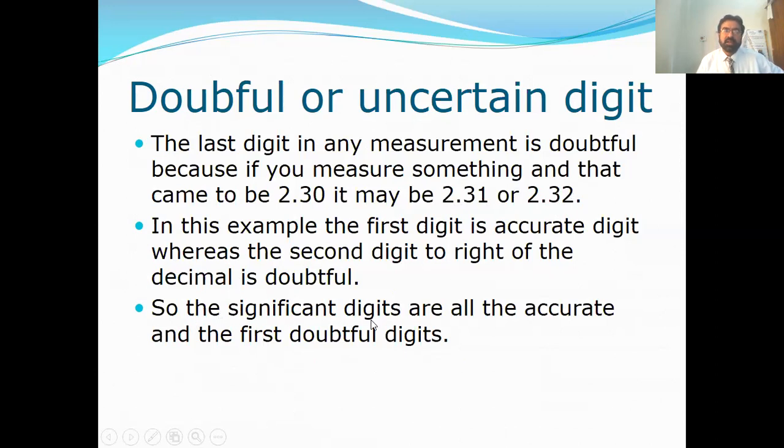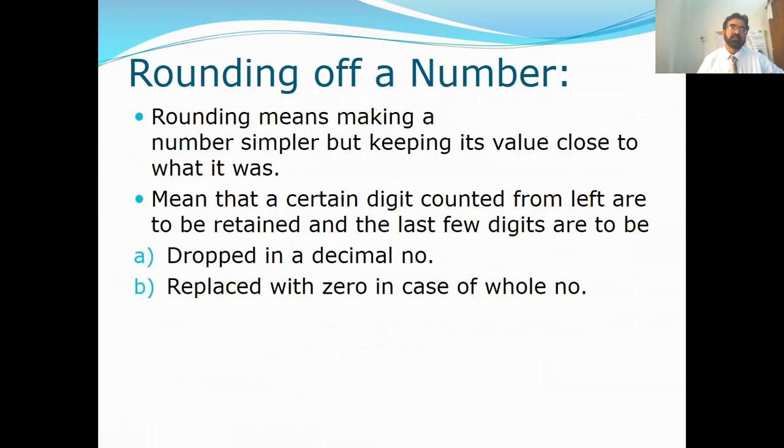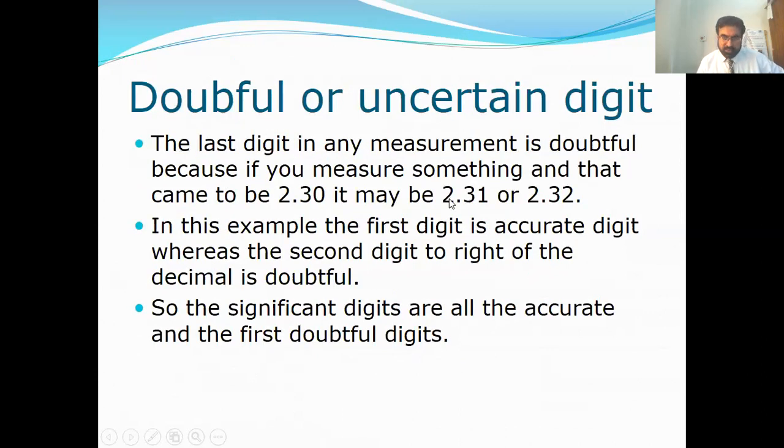So the significant digits are all the accurate digits and the first doubtful digit. So over here, these two, 2.3, are significant digits, but 1 over here is 2 and over here is 0. These are uncertain. These are doubtful digits.